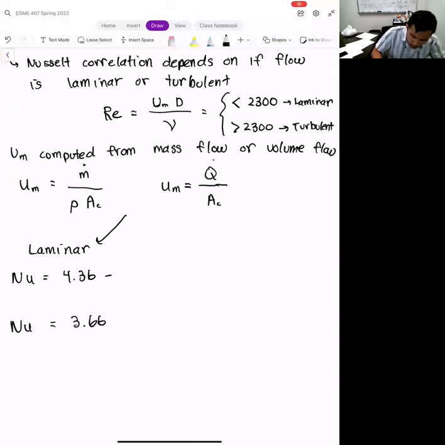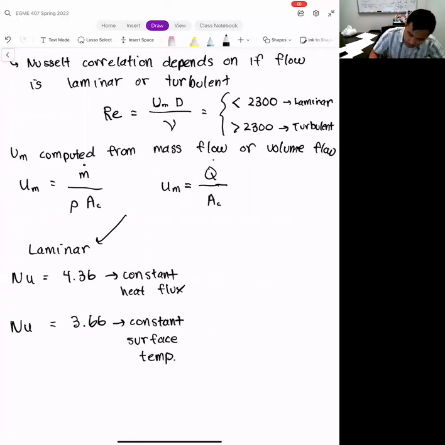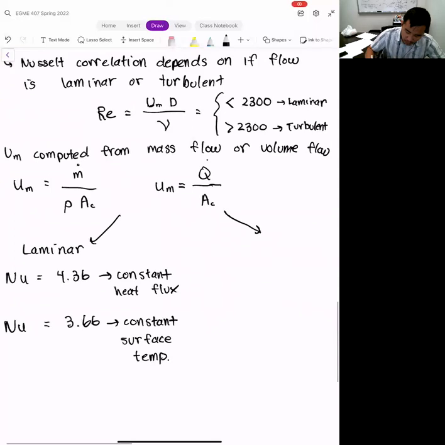The 4.36 is for the case when we have a constant heat flux, and 3.66 is for the case when we have constant surface temperature. So that's the laminar case.